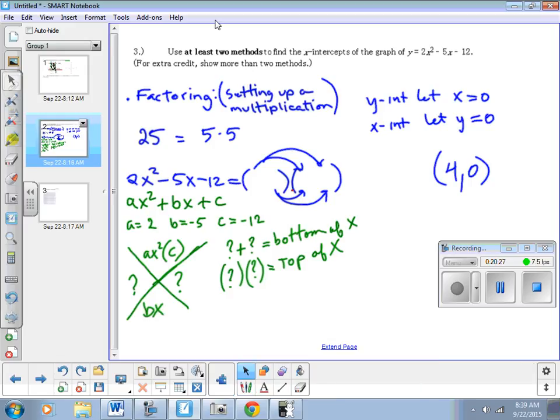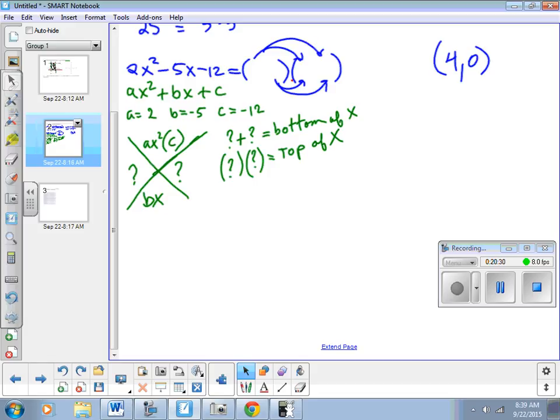All right, so we've got ax squared times c, and we've got bx on the bottom. So I need you guys to think. I'm going to go ahead and try to factor this out. What two terms multiply to give you ax squared and c?